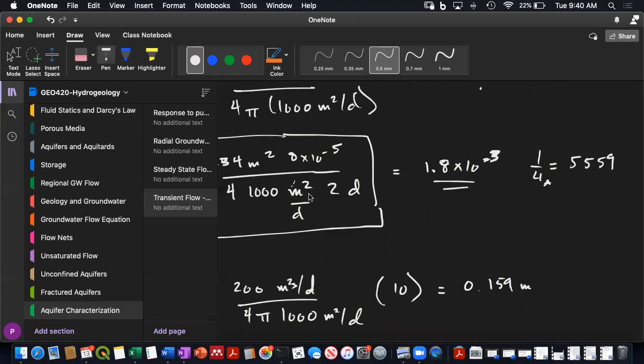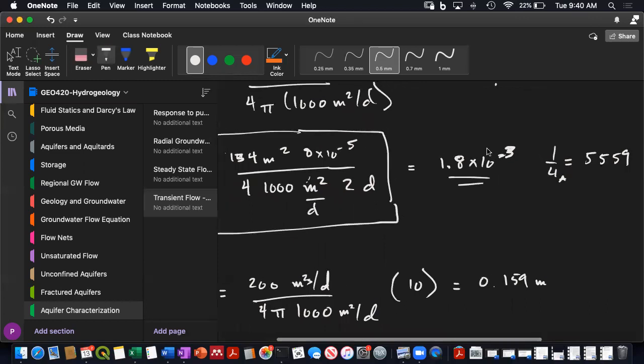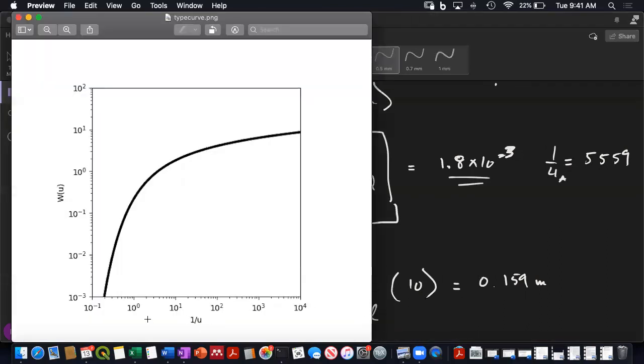All right, so I calculated U, and then I just divided 1 by U here. And then I came over here. Here's my graph of 1 over U versus the well function. So here's 1,000, 2,000, 3,000, 4,000, 5,000.